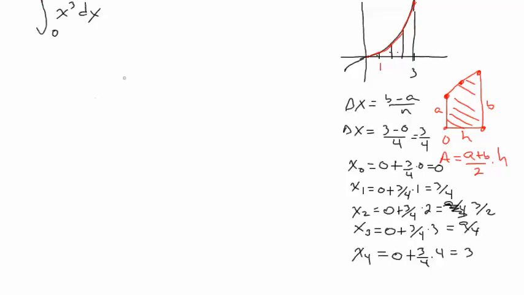And now what we want to do is go ahead and find the area of each one of these trapezoids. So for the first trapezoid, we'll just call this A1. So we got h. H is each one of these guys here.